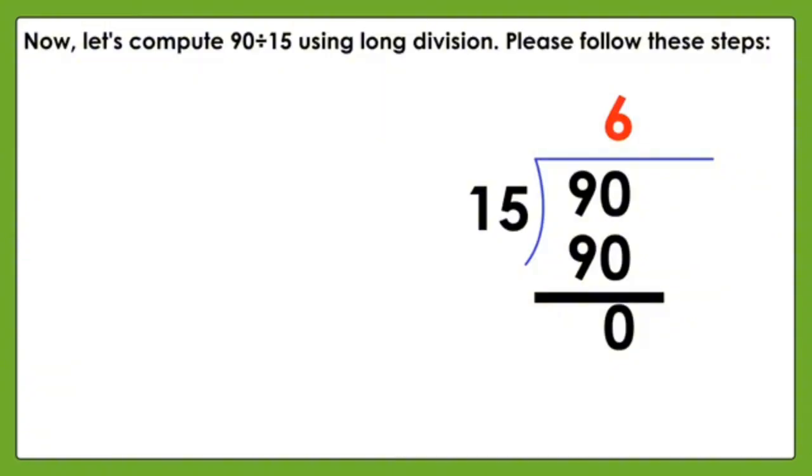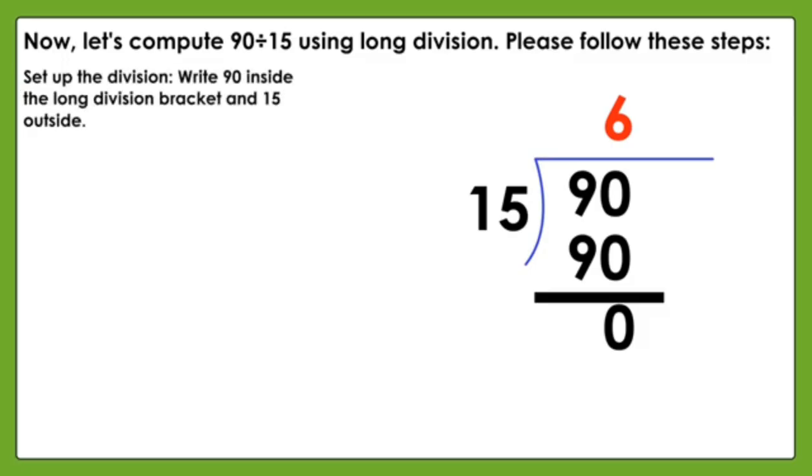Now, let's compute 90 divided by 15 using long division. Please follow these steps. First, set up the division. Write 90 inside the long division bracket and 15 outside. Second, divide. See how many times 15 fits into the first part of 90. So 90 divided by 15 is equal to 6.